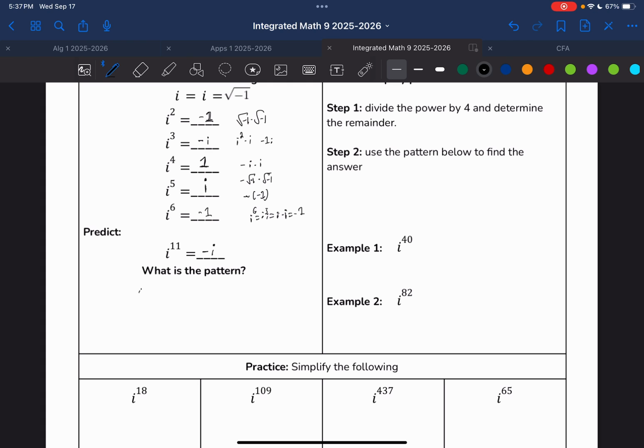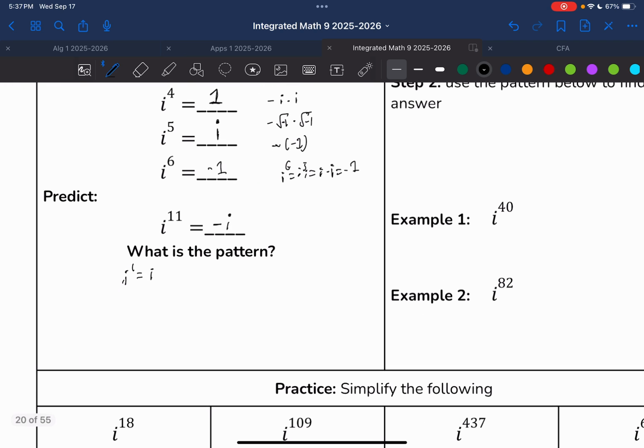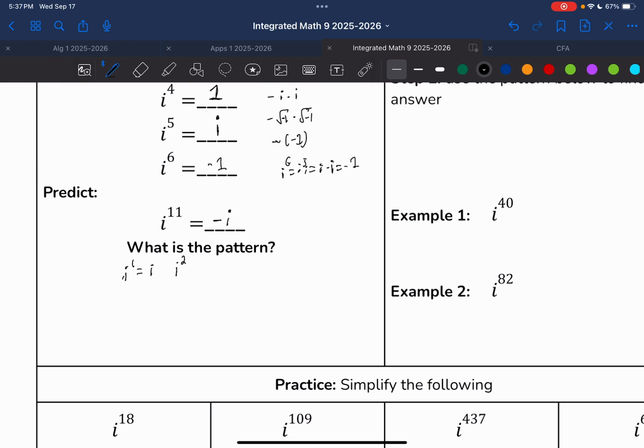I'm going to say i to the first is i, i squared is -1, i cubed is -i, i to the fourth is 1. And it continues like that. So it goes i, -1, -i, 1, as you go to the 5th, 6th, 7th power, on and on.